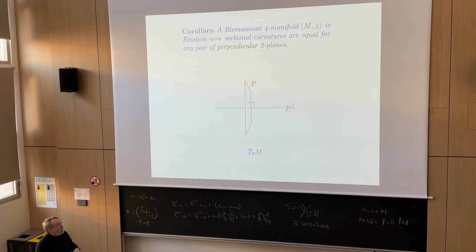So given a two-dimensional subspace of our four-dimensional tangent space, it has an orthogonal complement, and we can ask, the two-plane P has a sectional curvature. P perp is also associated with a sectional curvature. The Einstein condition is exactly saying that you're on a four-manifold where for every two-plane, its sectional curvature is exactly the same as the sectional curvature of the perpendicular two-plane.